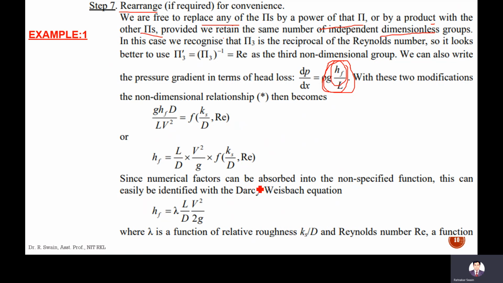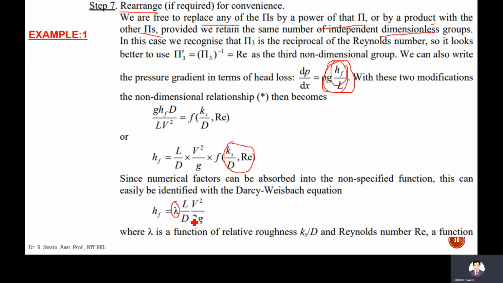Since numerical factors can be absorbed into a non-specified function, meaning ks by d and Reynolds number, we can take lambda L by b square by 2g d, where lambda is a function of ks by d and Reynolds number.